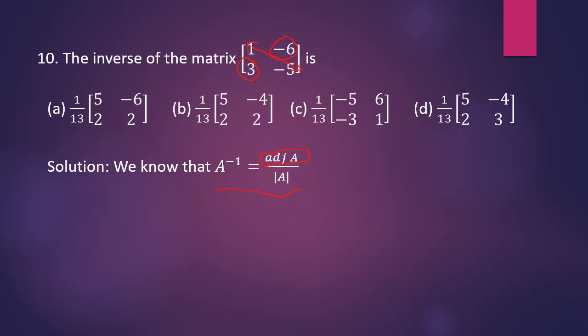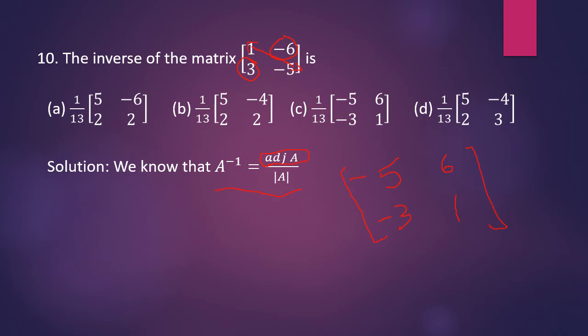So interchanging this means here -5 comes, then here 1 comes, and changing the sign means -3 and here 6. The matrix having these elements is the option C.